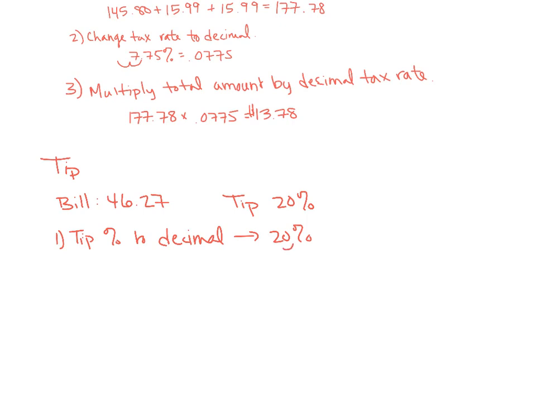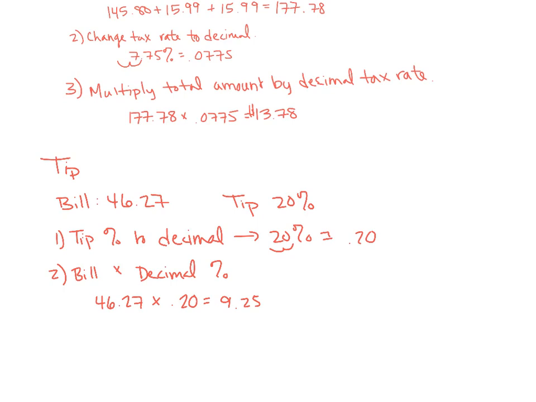We would move the decimal 2 places to the left, and we would get 0.20. And then we would take the bill times the decimal percent. So we would get 46.27 times 0.20, and we would get $9.25.